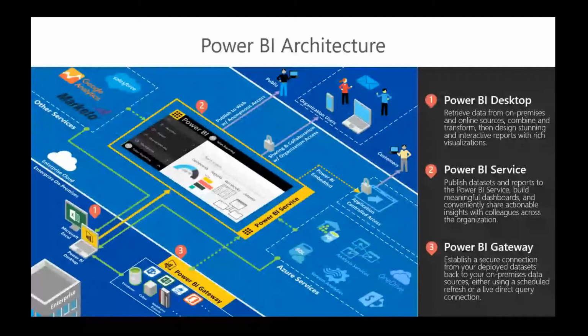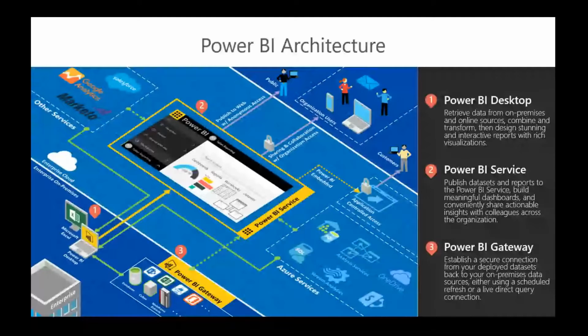Now, we've talked about a couple different roles here, and I wanted to take a moment and differentiate some of them. The first step that we covered was gathering data and creating that underlying data model. So that role we call the data modeler.